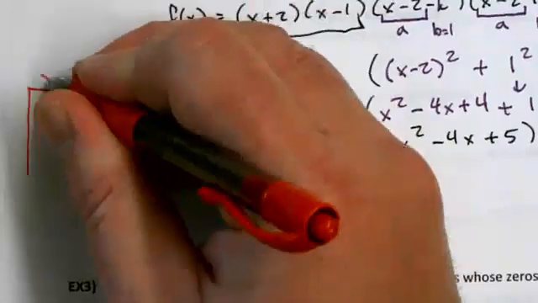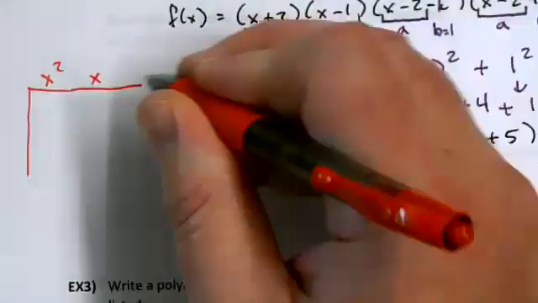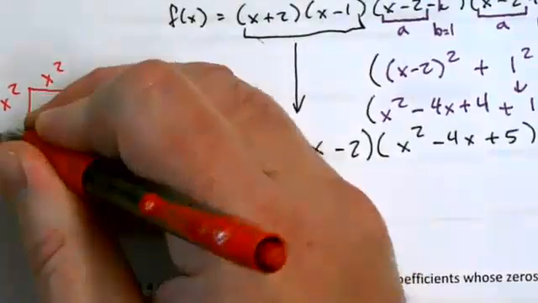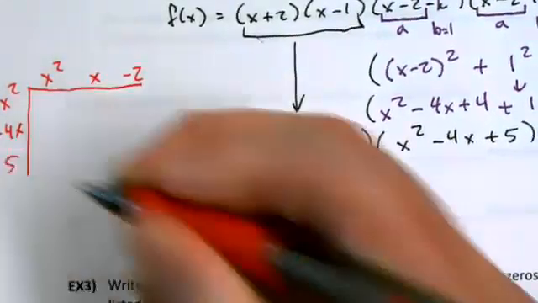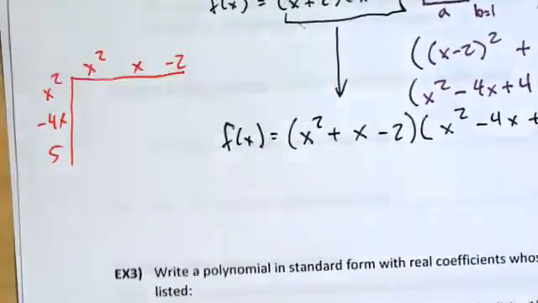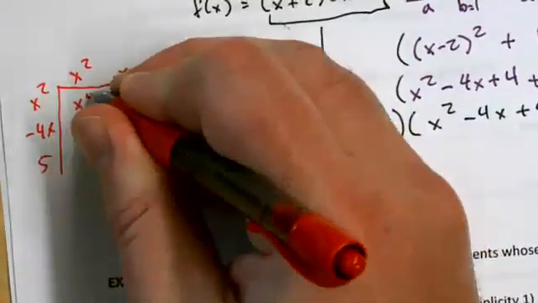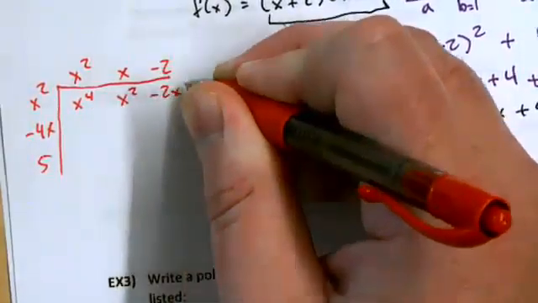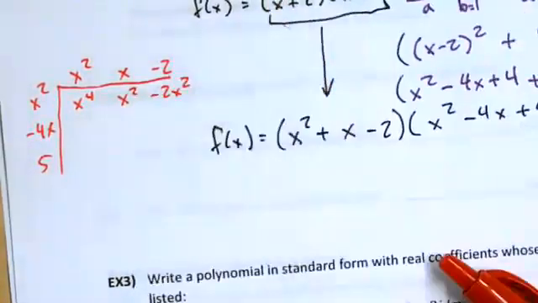So I've got x squared plus x minus 2 for one, and then x squared minus 4x plus 5 for my other, and I'm just going to need to go through and multiply. I'll probably go back and do a quick double check because there's lots of room for error here. I just found one.